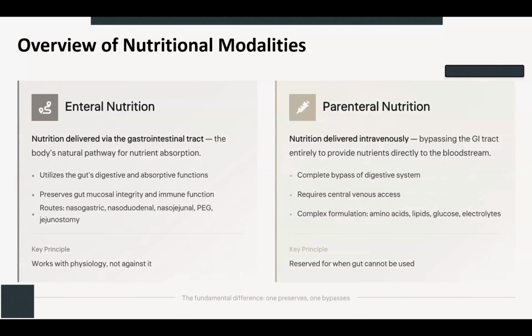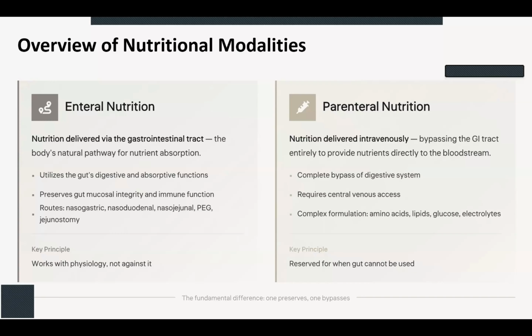So in this clinical context, there are two primary nutritional support modalities, which I am going to discuss today: enteral nutrition and parenteral nutrition. Enteral nutrition involves delivering nutrients through the gastrointestinal tract, thereby maintaining normal digestive and absorptive functions and preserving gut integrity and immune function.